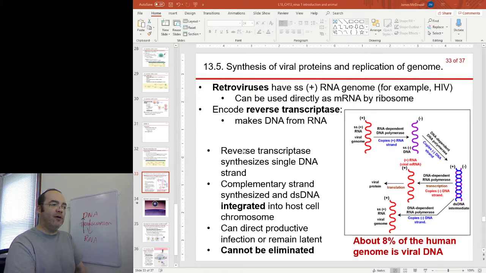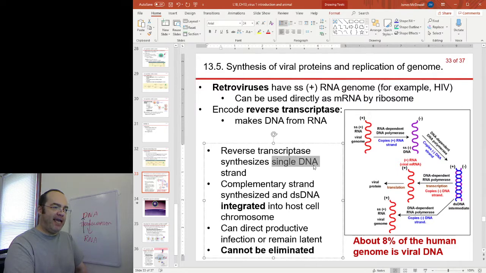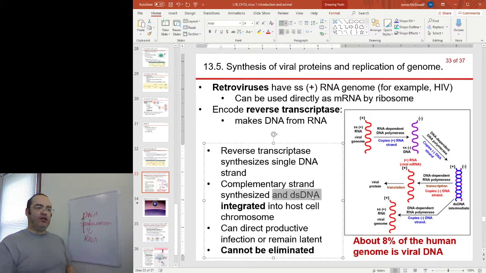They go from single-stranded RNA to single-stranded DNA, and then they rely on the cell to create the double-stranded DNA from the single-stranded DNA. And then the double-stranded DNA is integrated into the host cell chromosome.